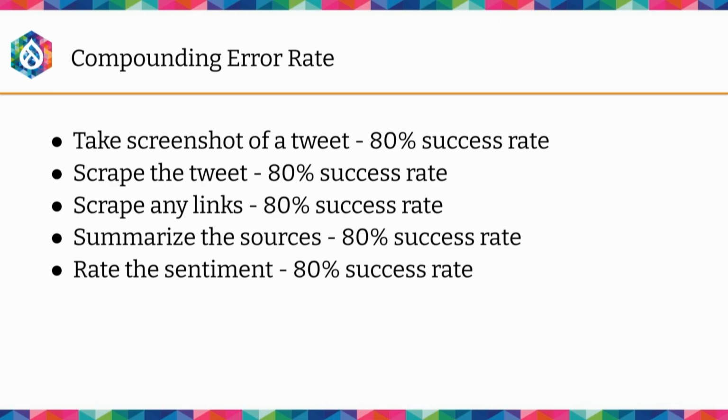You use a browser, open it, take a screenshot. But due to us Europeans, I guess, sometimes there's a cookie banner there, for instance. So it's a fail because you just take a screenshot of a cookie banner. And if you then have 5 of these things and they are connected and they have an 80% success rate, can anyone guess what the final success rate is for the actual workflow?